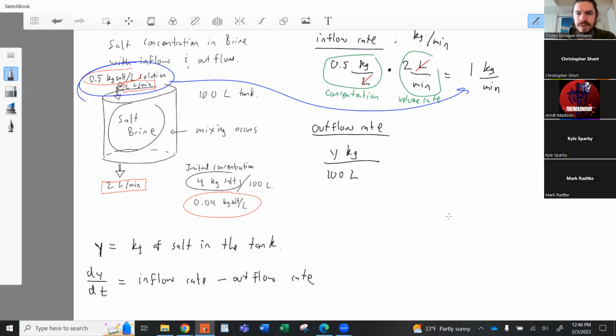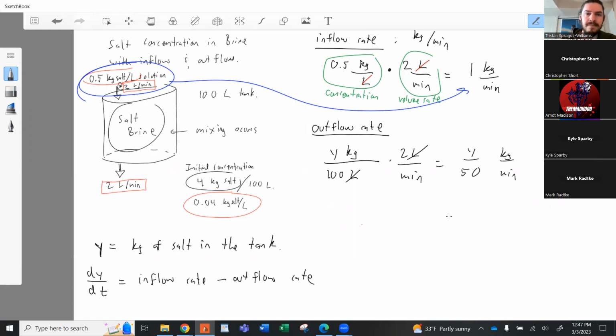Yeah, we're still recording. So y kilograms divided by 100 liters, that's the concentration of this brine after mixing it together. And then it's also leaving at 2 liters per minute. So we multiply by the same thing, and we get our liters canceling, and this reduces to y over 50 kilograms per minute.